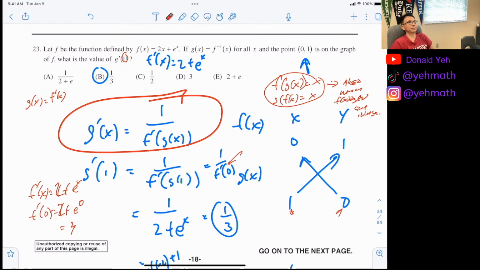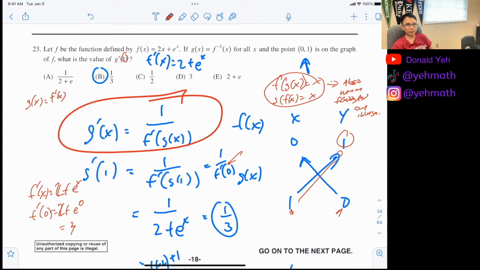Austin, you got this one? Got A. You didn't take a derivative. Wait, how did you get the 0 again? The g of 1. Remember, g of 1 is the same thing as, this is 1, right?